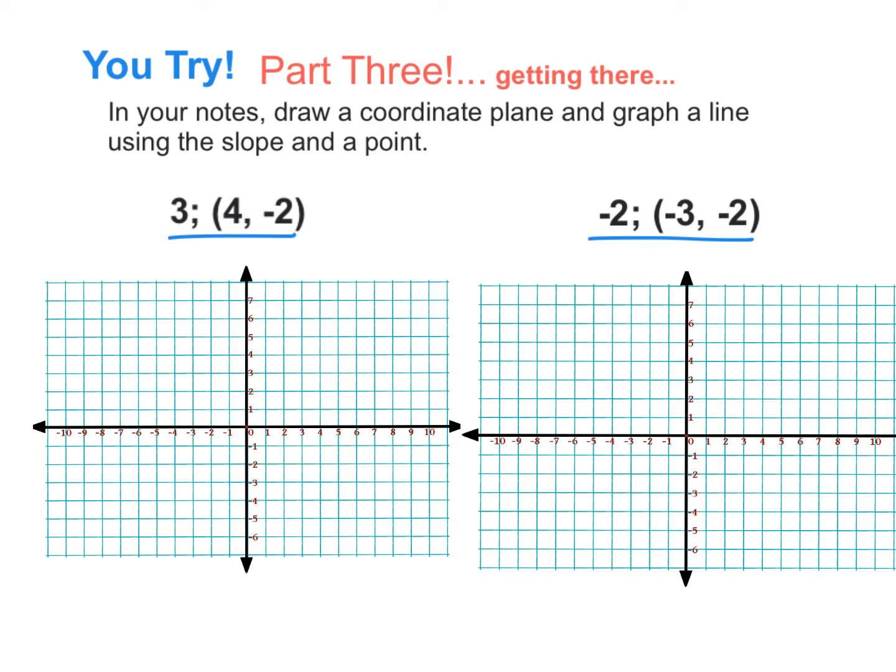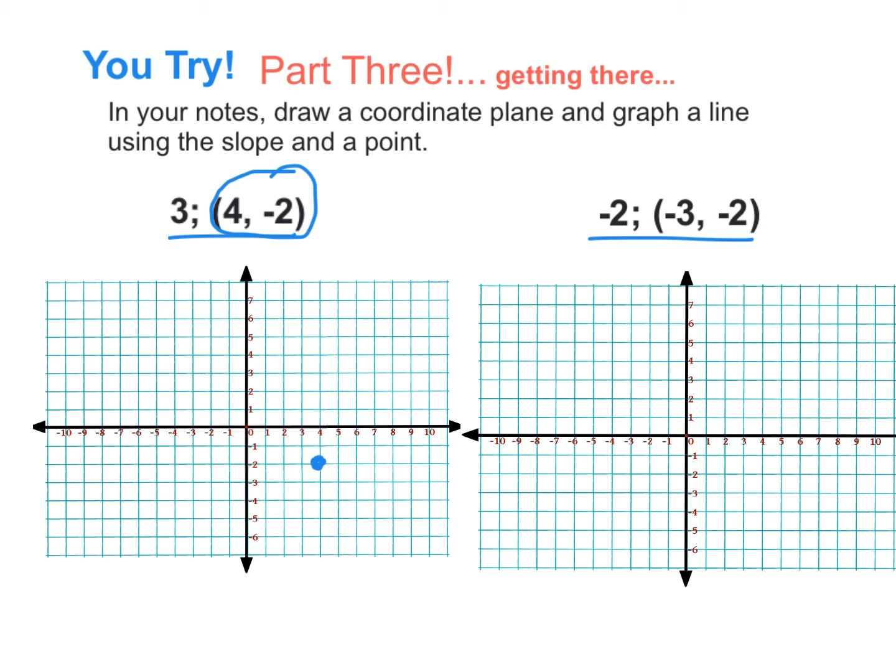So for our first one, let's take a look. The first thing we need to do is plot our point, or get our starting point for our line. So that is 4, -2. So I'm going to go over 4, down 2, and my point goes right there. Next, I'm going to use my slope.